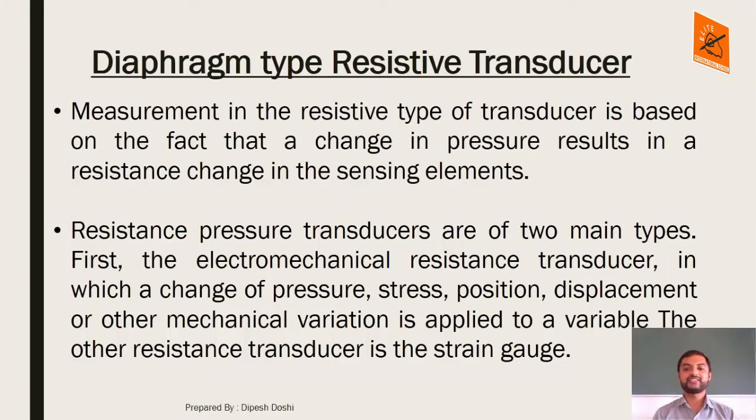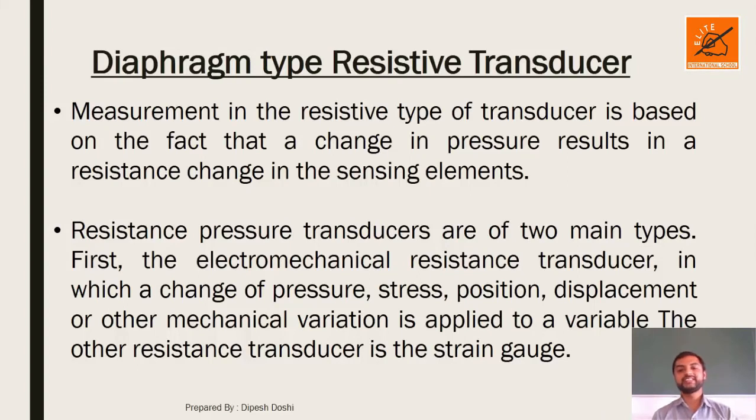Resistive pressure transducers are of two main types. First is the electromechanical resistive transducer, in which a change of pressure, stress, position, displacement or other mechanical variation is applied to a variable resistance. The other resistive transducer is the strain gauge.